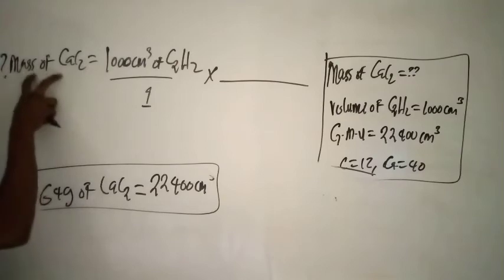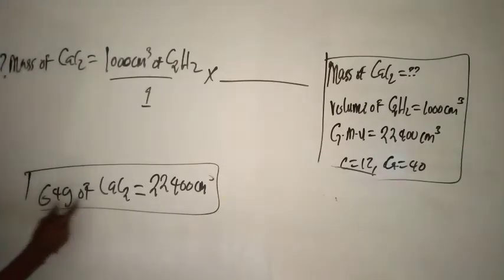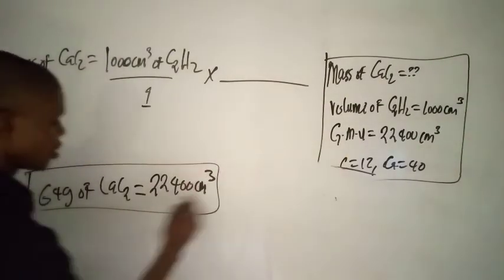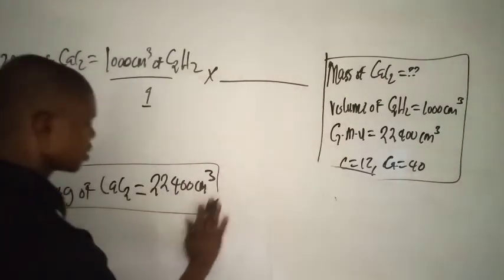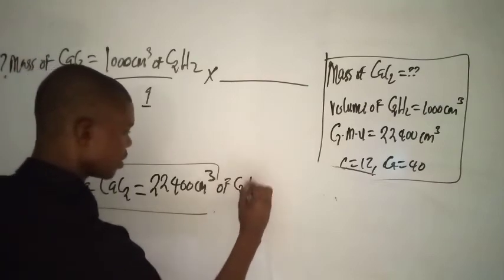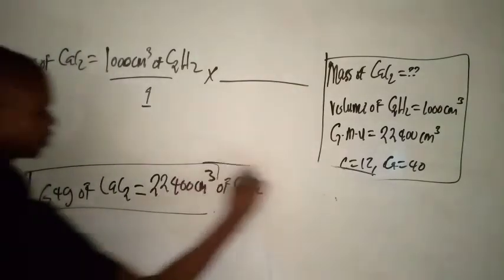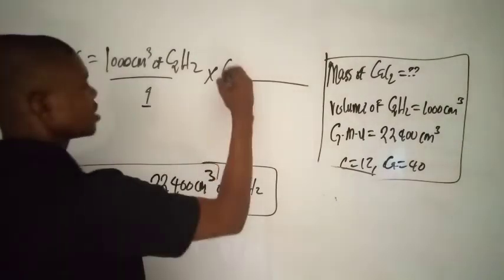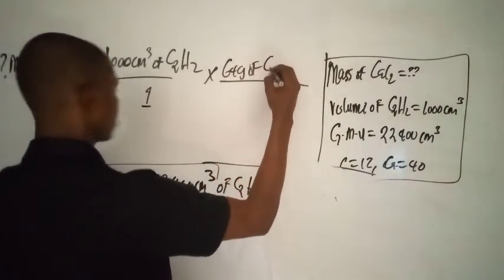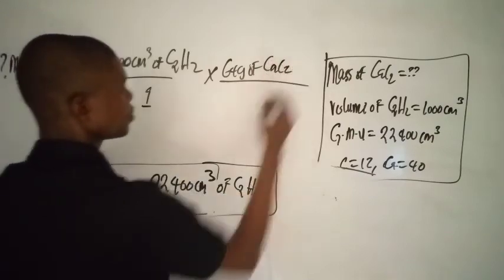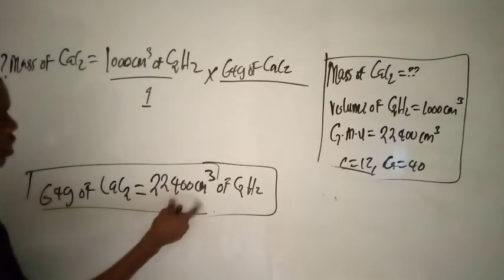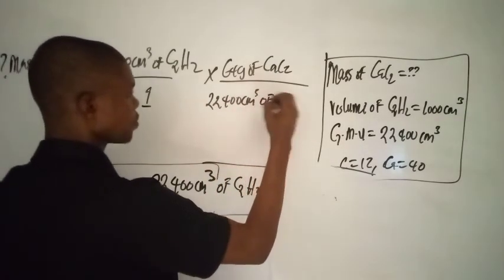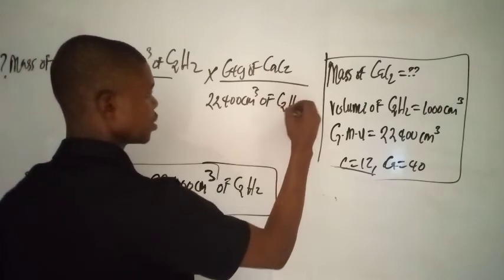Because you are calculating the mass of calcium carbide, 64 grams of calcium carbide will be at the top, while this one will be at the bottom: 22400 cm cubed of C2H2, right? So because you are looking for the mass of calcium carbide, you go to the 64 grams of CaC2, then go down to 22400 cm cubed of C2H2.